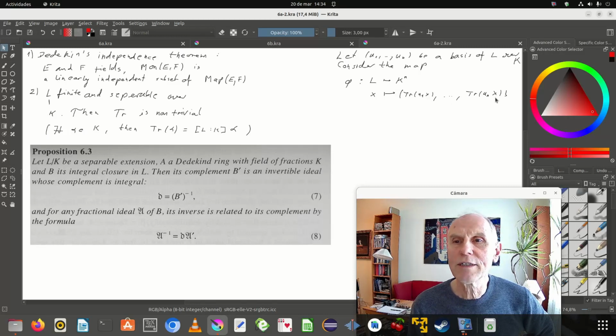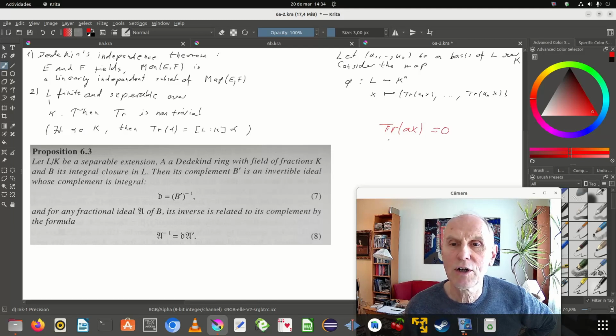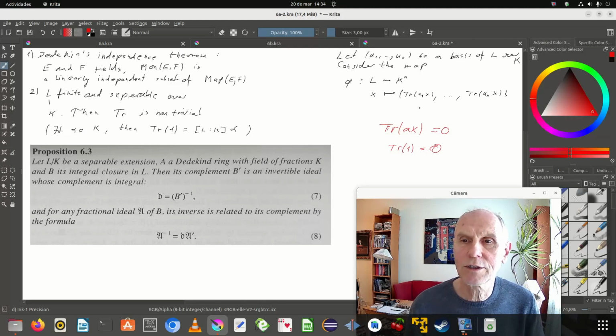If these traces all vanish, then the trace of any element will vanish, particularly of the reciprocal of x. So if x is not naught, then we can take the reciprocal, and then we get trace of 1 equals naught, which is a contradiction.